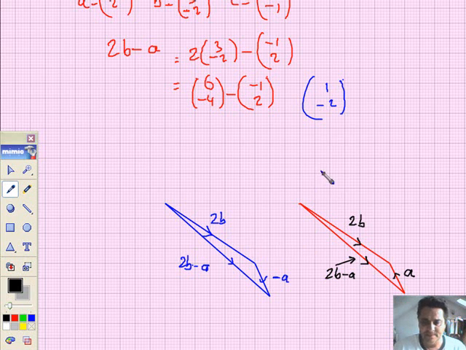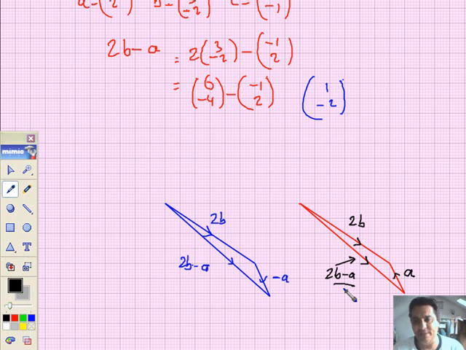So watch this, I've gone down 2b and then against the normal a direction, hence the minus a. So it's 2b positive minus a against the arrow shown in the diagram, and so I've gone from there to there, and I've reached my destination. Net effect, it's still 2b minus a.